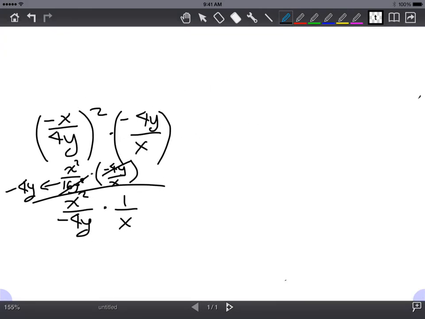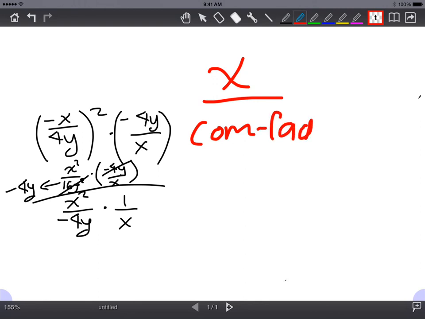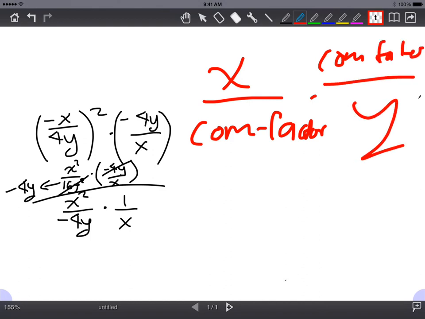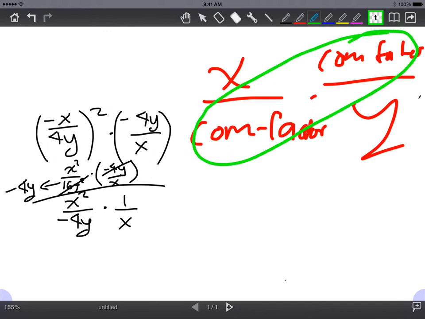Okay, so let's say you would just have x over common factor times common factor over y. What you can do is divide both of these by that same common factor.